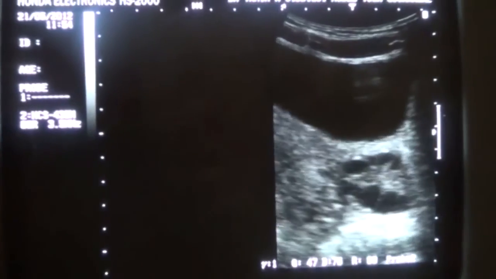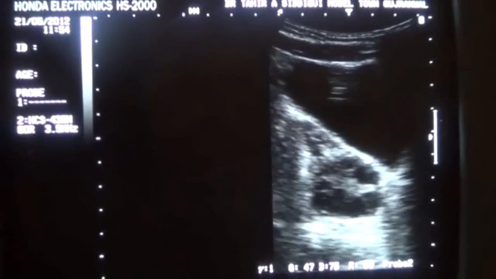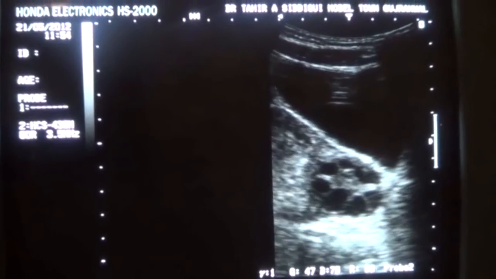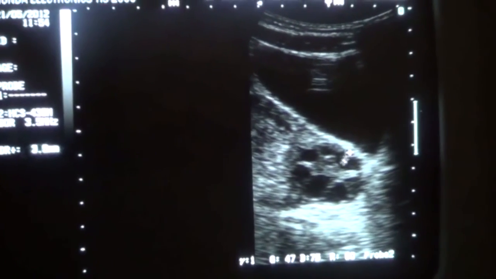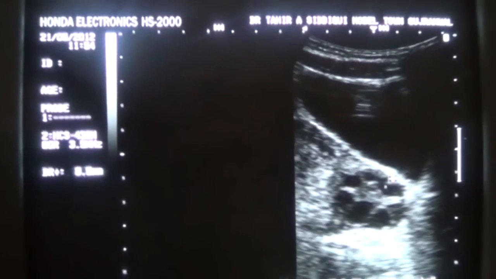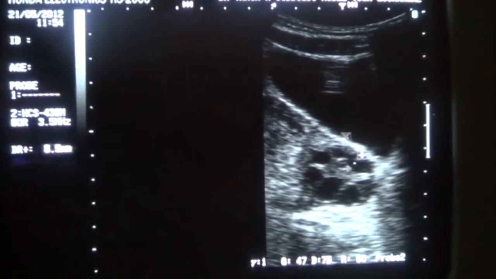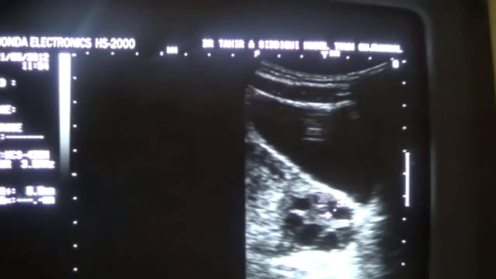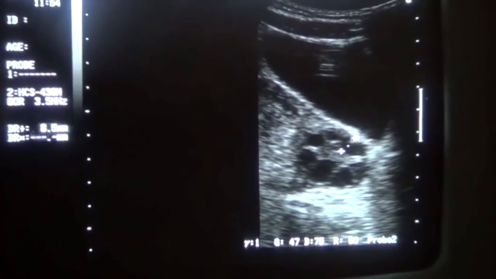Polycystic ovary, left. As you see, the follicles are arranged at the periphery of the ovary. Secondly, the largest one measures more than 5. It measures 8.5 millimeters, one of them, the follicles that you are seeing. And there are other follicles: 1, 2, 3, 4, 5, 6, 7, 8.